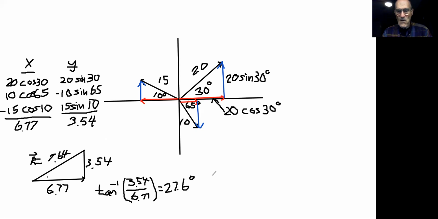So my resultant vector, my R vector, equals 7.64 at 27.6 degrees.